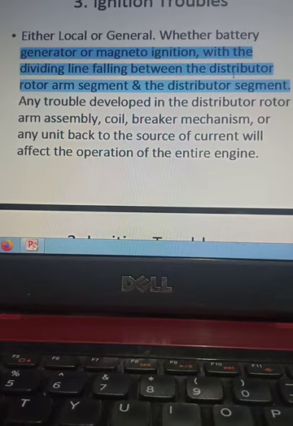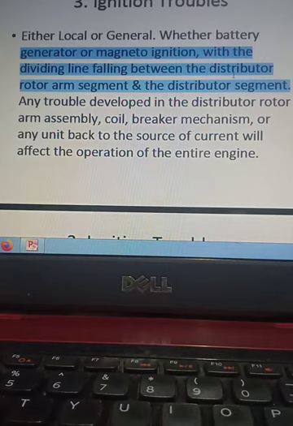So once the generator or the magneto ignition has the trouble, since it is one section, the entire engine is affected. So that is classified as general.